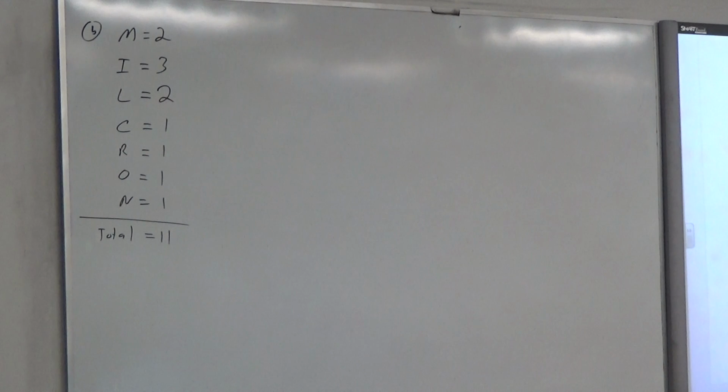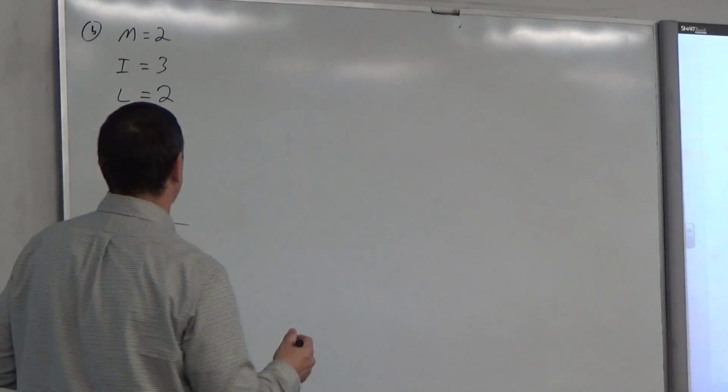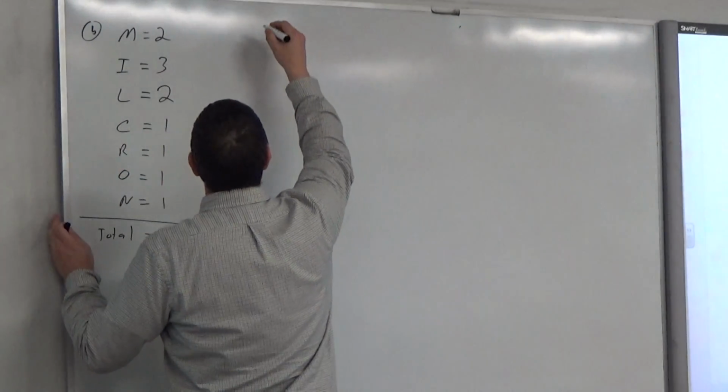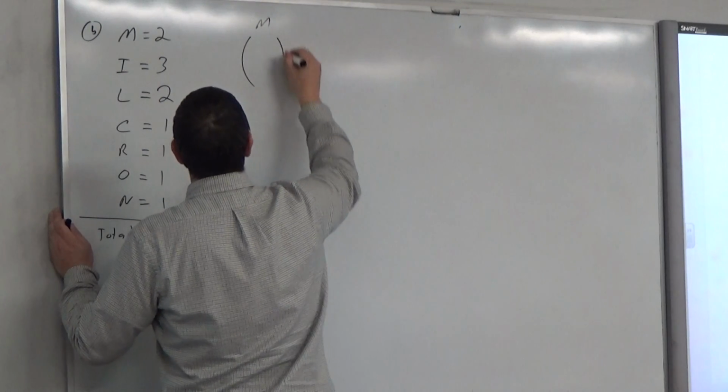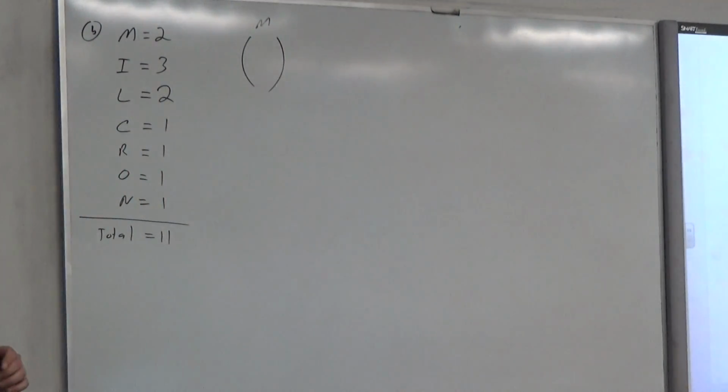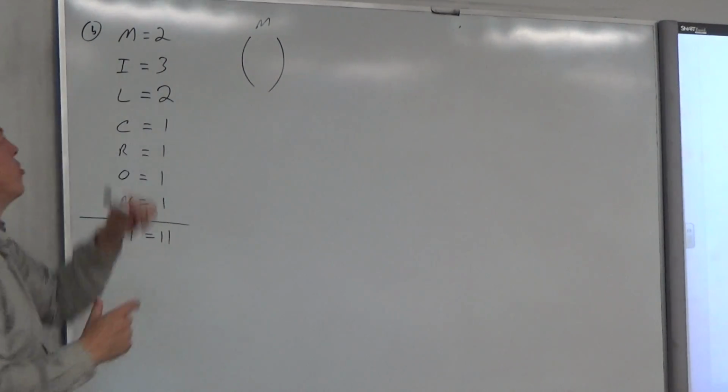I pick the M's first, then the I's, then the L's, and the CRON. It doesn't matter what order you pick them in. It'll still give you the same answer, as long as you do your computations correctly. So if I pick the M's first, what would be the combination for selecting M's? 11 choose 2, right? There's 11 possible letters. We want those 2 M's.